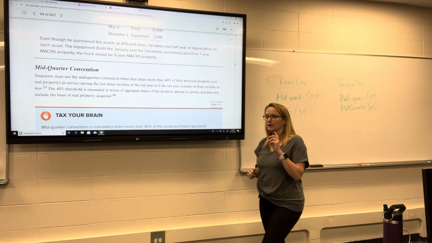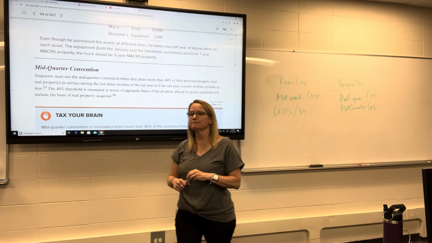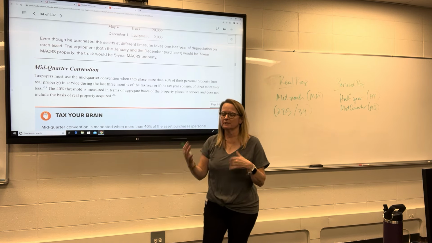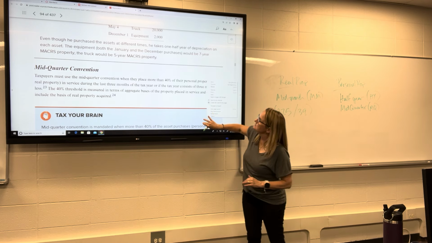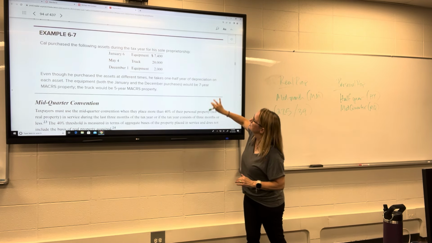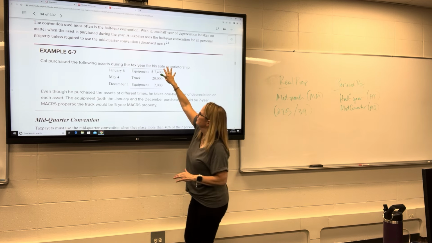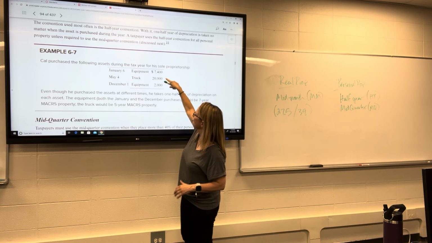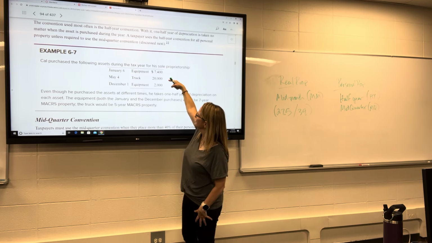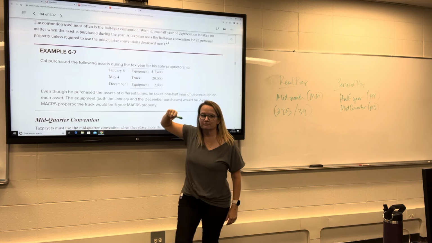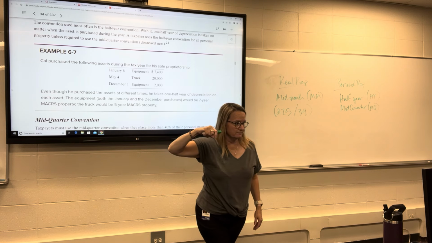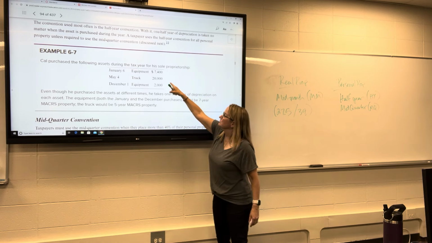Let me give you an example. In this example, the purchases were throughout the entire year. If this truck had been purchased October 1st, October 1st is during the last quarter of the year. That truck was $20,000.